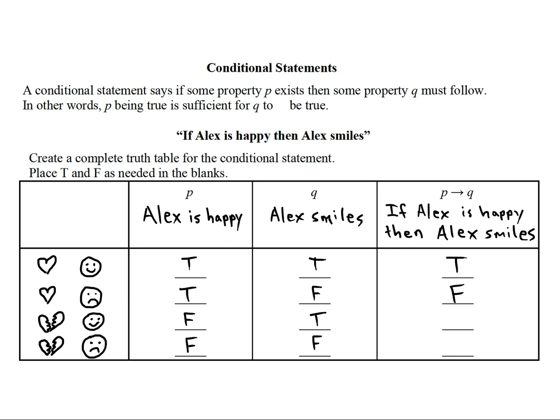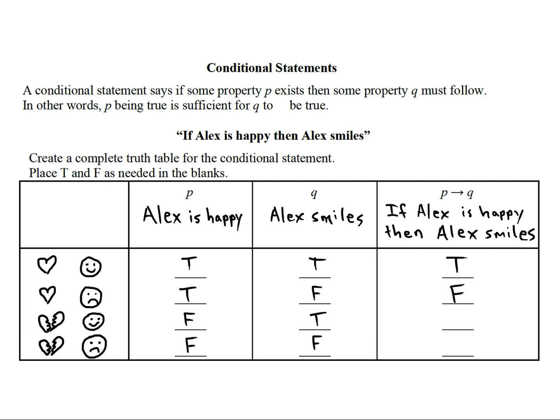So what if we come across Alex and we know that he's not happy and smiling? Is it evidence in support of the statement, or evidence against, or neither, perhaps? A lot of times people want to put false for this, but the fact is we can't, and here's why.